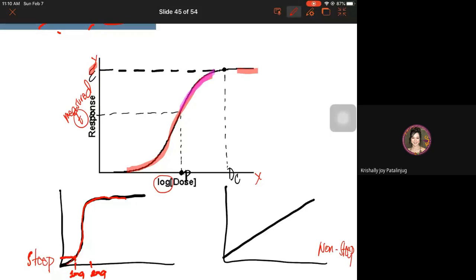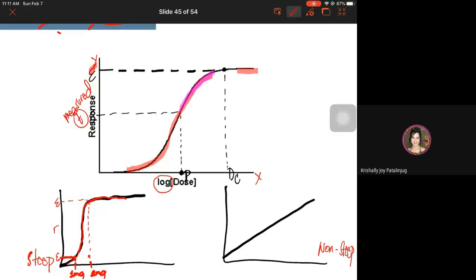If you observe from 1 milligram, then we add a very slight additional dose. If there is a slight change in the dose, as you can see, the change in the response is so drastic, from this response to a higher gap of response.